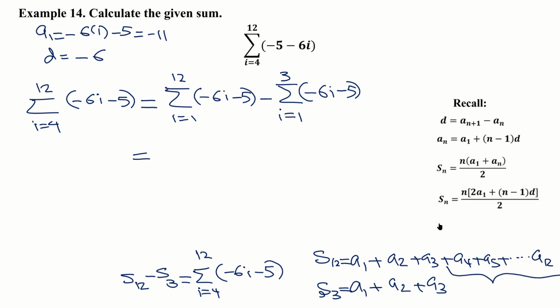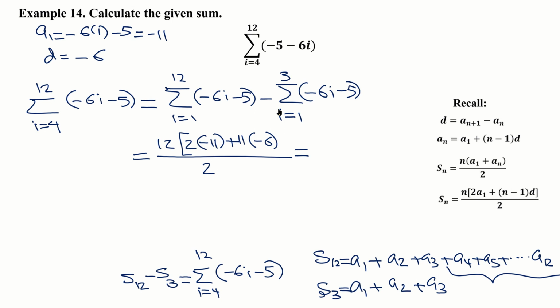So for n equals 12, I get 12 times 2 times A1, which is negative 11, plus quantity 12 minus 1, that's 11d. So 11 times negative 6, over 2. So that gives me the sum from i equals 1 to 12 of that expression.